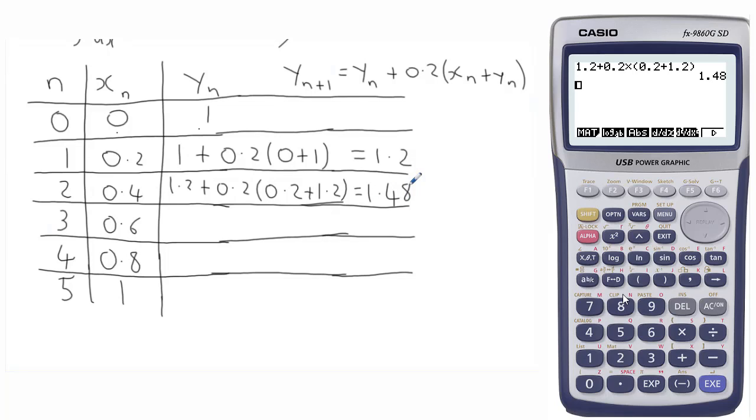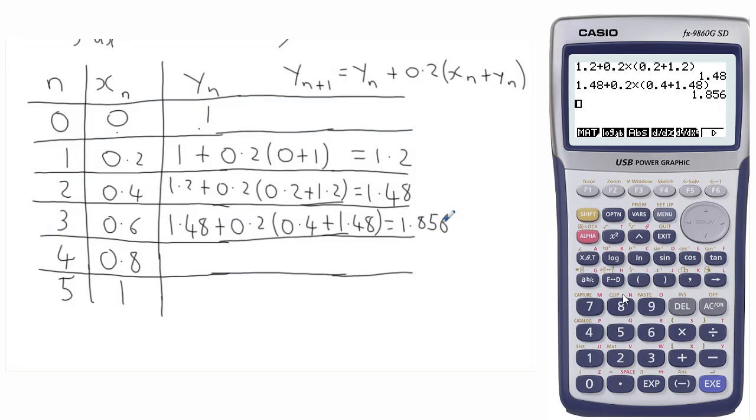So that is going to be y2, 1.48, plus h, 0.2, times x2 plus y2, 0.4 plus 1.48. Go back to your calculator: 1.48 plus 0.2 times 0.4 plus 1.48. That is 1.856.